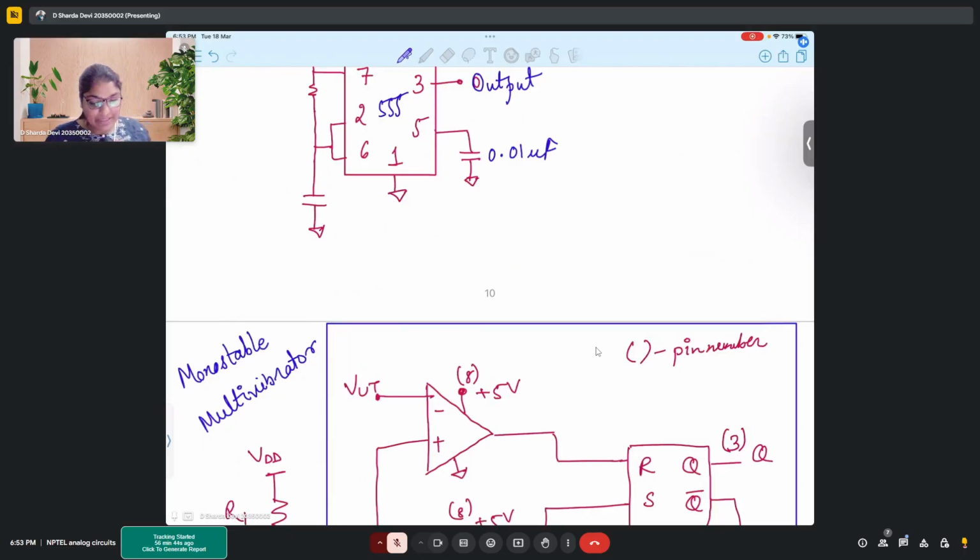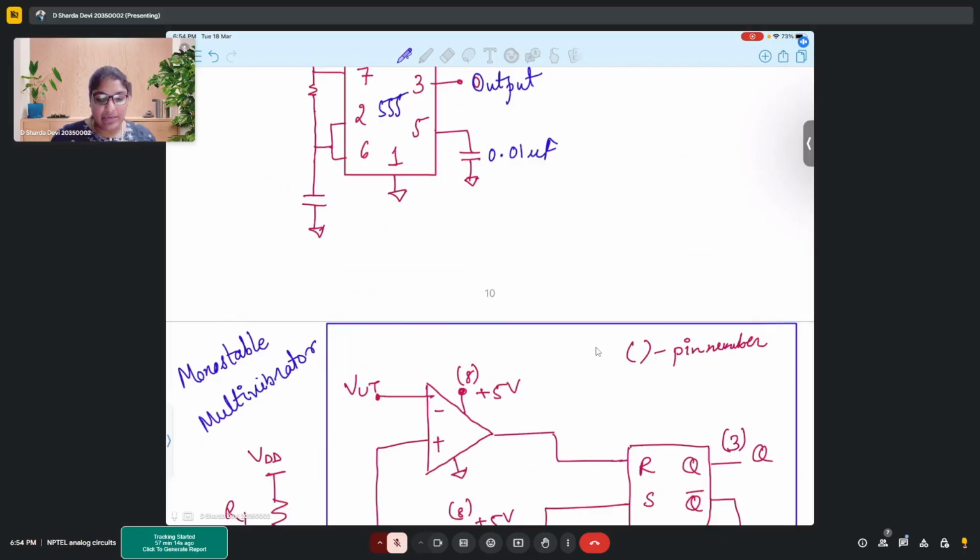In case of a monostable multivibrator, as I mentioned, we will have one trigger. In an astable multivibrator, you don't need any inputs, and it will be continuously switching from high to low, then high to low. It is continuously going on and off, on and off, right? But in monostable condition, it is always in a stable state. But when you interrupt the circuit a little bit, how do you interrupt it?